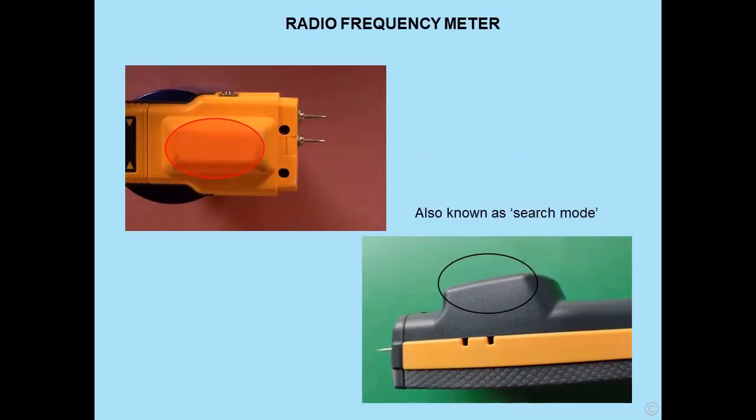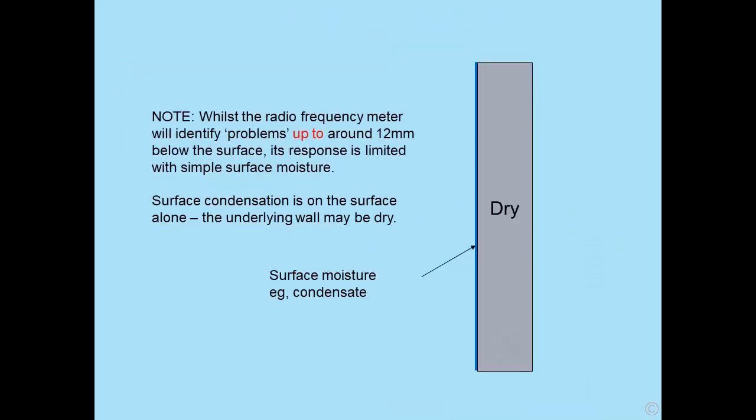Radio frequency meters, also known in some meters as a search mode, basically measure the capacitance of the substrate or send radio waves into the substrate. These have an advantage of looking, for want of another word, deeper into the substrate, probably up to 12-15 millimeters as claimed.